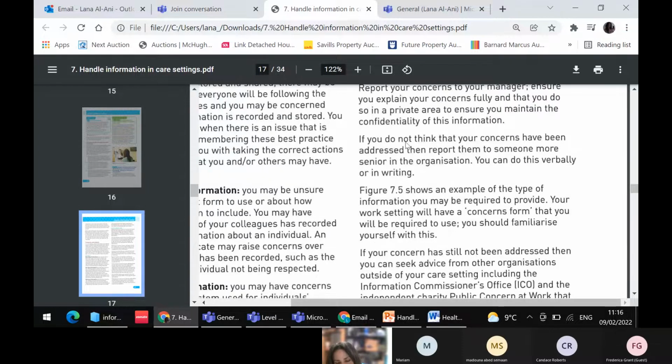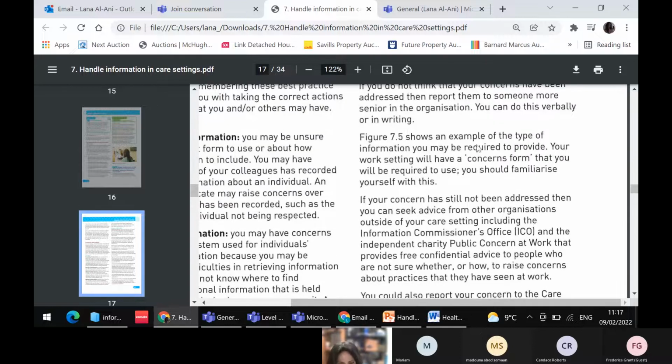And if I think my manager hasn't followed it up to answer my concerns, then I go to someone much more senior and in a higher position in the organization, such as the director, but I need to put it in writing.